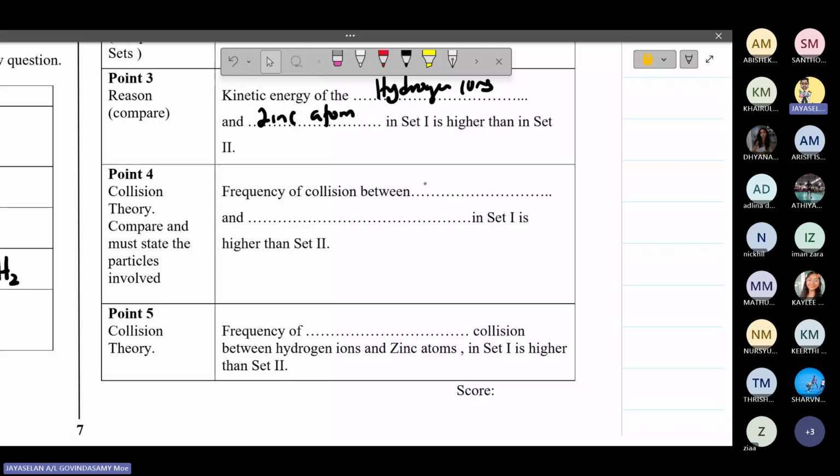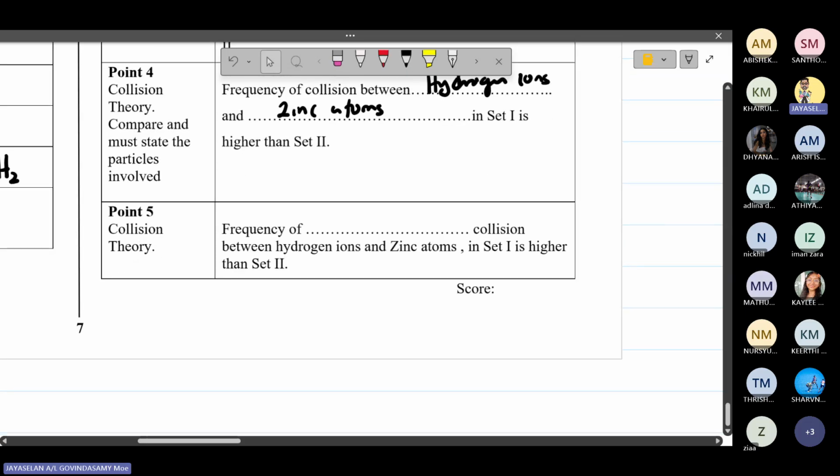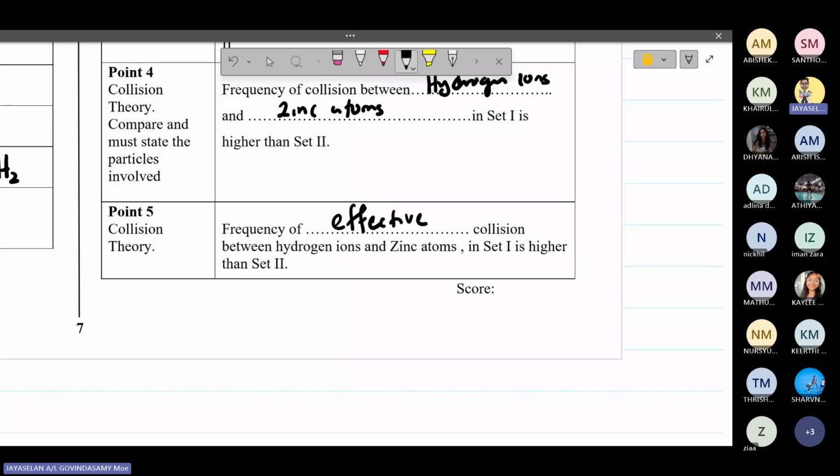The frequency of collision between hydrogen ions and zinc atoms in set 1 higher than set 2. Last point for this, frequency of effective collision between hydrogen ion and zinc atom in set 1 higher than set 2. You already score 5 over 5 marks.